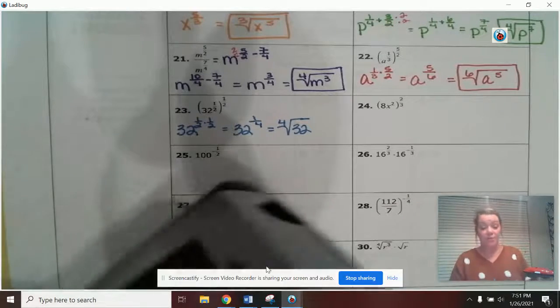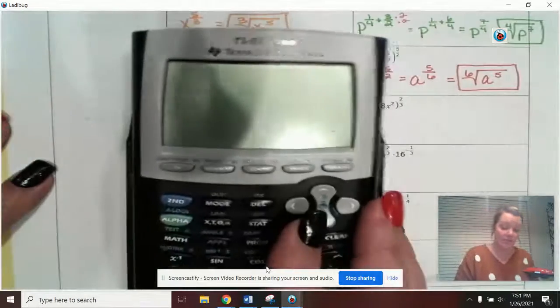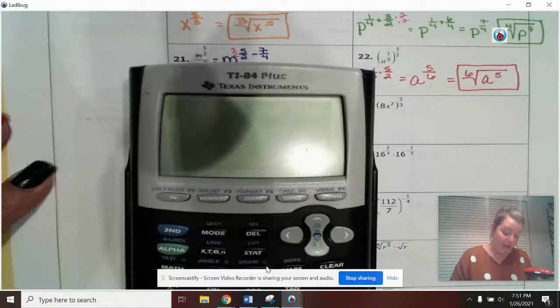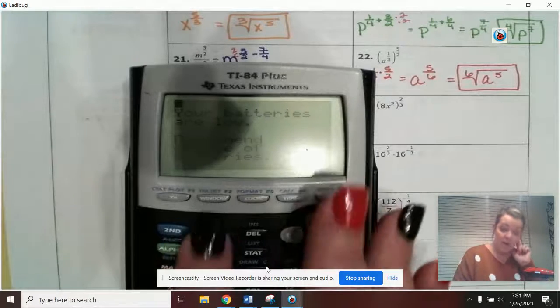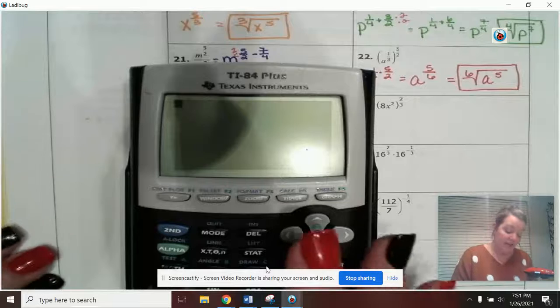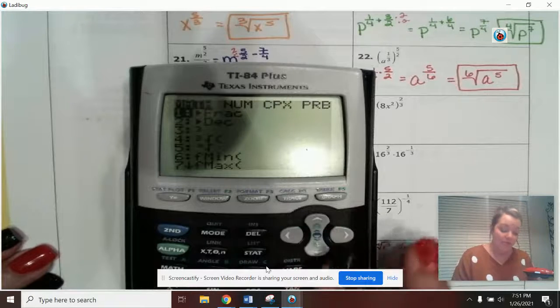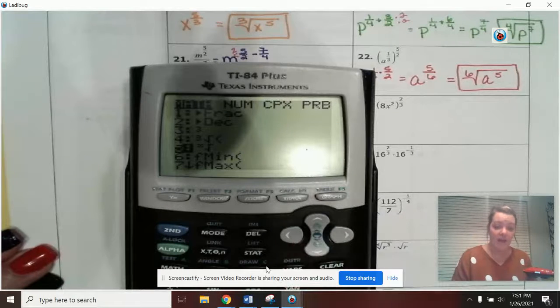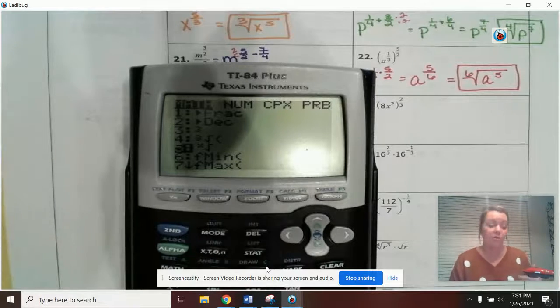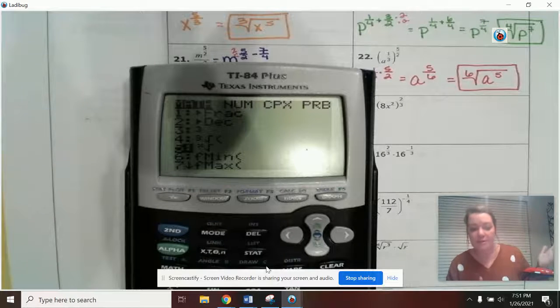Your calculator does roots. Desmos does all kinds of fun roots. In your calculator, if you go under math and go down to number 5, it says x root. That's how you can do any other root in the world: 4th root, 5th root, 20th root, it doesn't matter. But you have to put the root in the front.